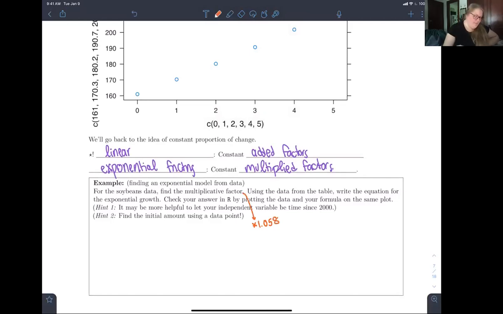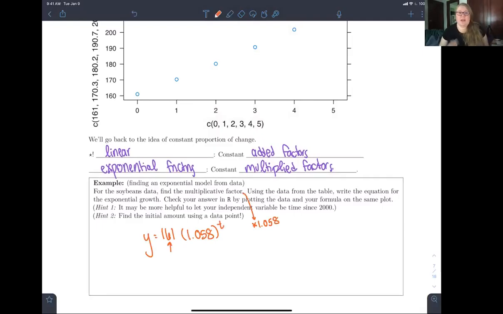Well, we actually have everything we need right there. 1.058 ends up being the constant multiplied factor to the t. And if we remember our discussion about how this ends up being the initial amount, this is going to be 161. Let's do two mental checks here.